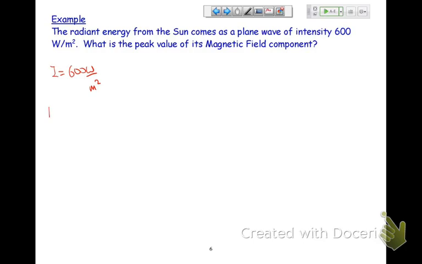So we have Bmax. I want to know the peak value of the magnetic field, the biggest value. So we said I is equal to S, which equals Bmax Emax over, what was it, 2 mu naught?